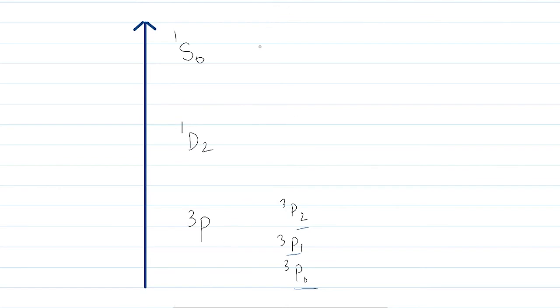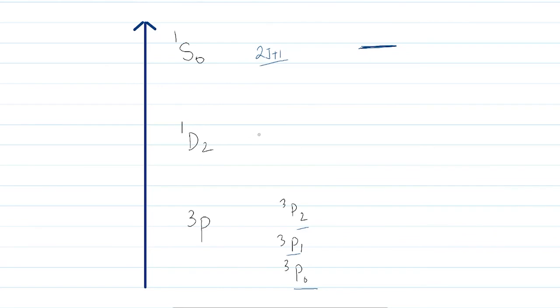So we have 2J plus 1. What will be that? 2J plus 1 is 2 into 0 plus 1. We have 1 energy state.